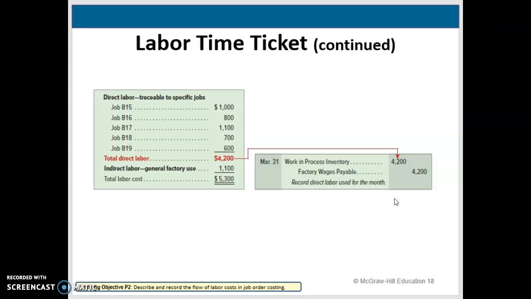So the liability is called factory wages payable. And we're going to be journalizing that direct labor monthly. So we have a total factory cost of $5,300. $4,200 is direct labor. $1,100 is indirect labor. Indirect labor is going to be placed in that overhead.